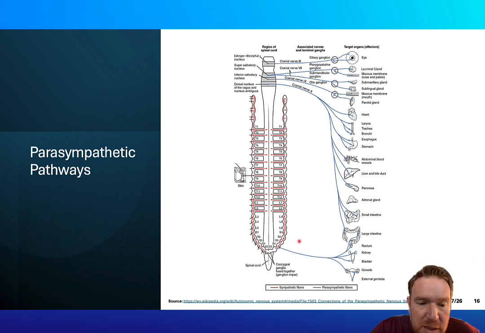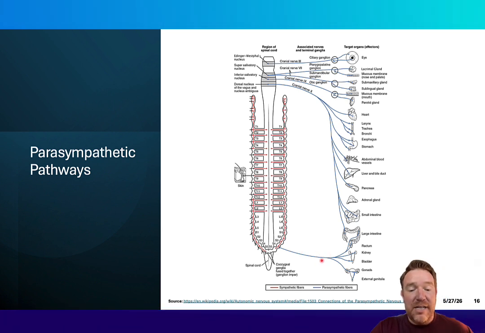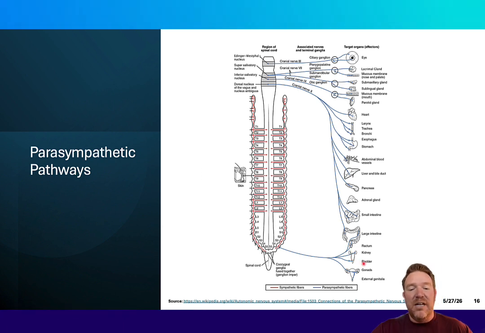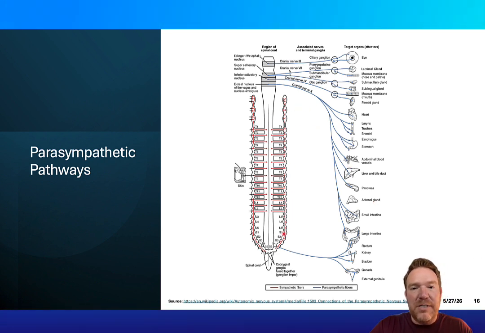Now, to get the rest of it, we have pelvic splanchnics that come out here at the lower part of our spinal cord, and that's going to go to the rest of the large intestine, the rectum, some of your kidneys, bladders, and of course, reproductive organs as well. And so you're going to see a huge range, but notice that we don't have as many inputs as we do for the sympathetics.